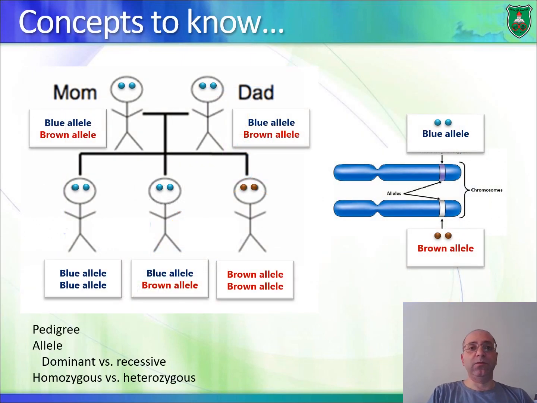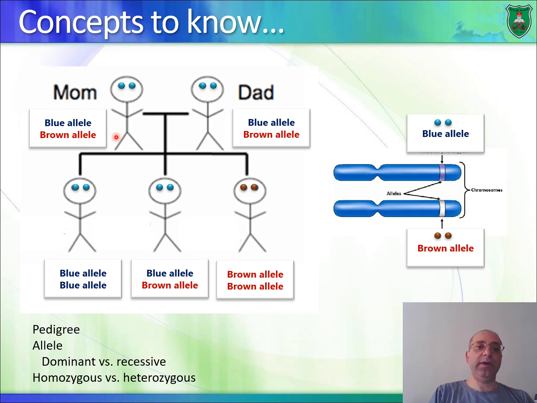So before going into the dot blotting technique, let me introduce a few terminologies. This is called a pedigree. Basically, it's a drawing of the distribution of a phenotype or a genotype.